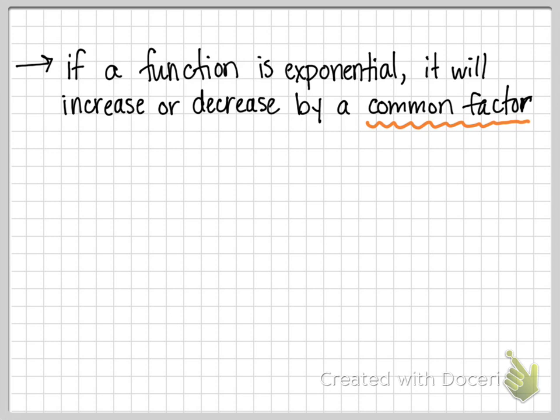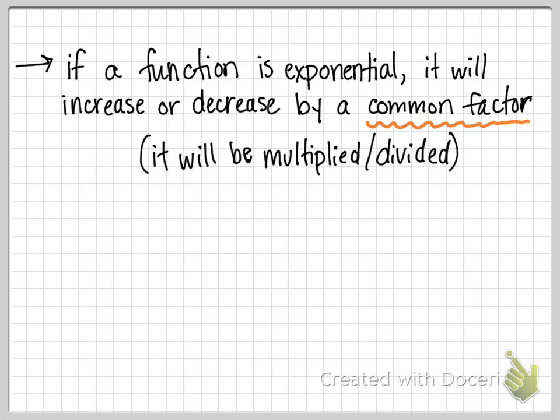You were adding or subtracting the same amount from one to the next. An exponential function will increase or decrease by a common factor. So rather than adding or subtracting, you're multiplying or dividing by the same amount. We call that the common factor, whatever you're multiplying by to get larger or dividing by to get smaller.